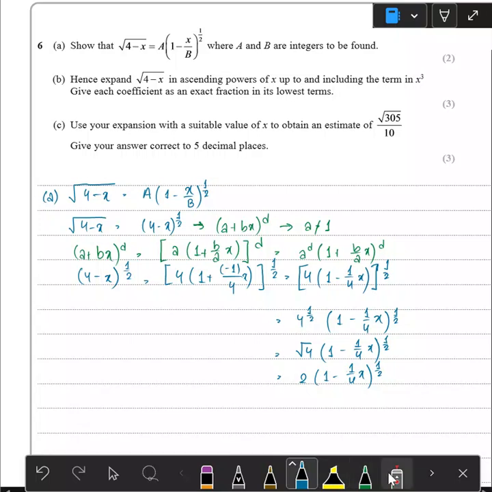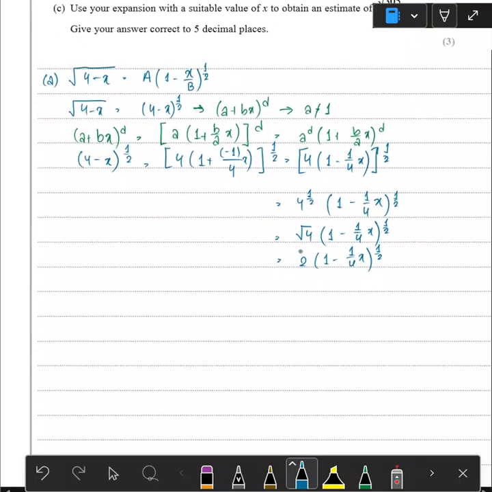You don't have to consider the negative value that the root gives, because if you do take negative 2 here, then you won't be getting this expression. That's only possible if root over 4 gives a positive value.